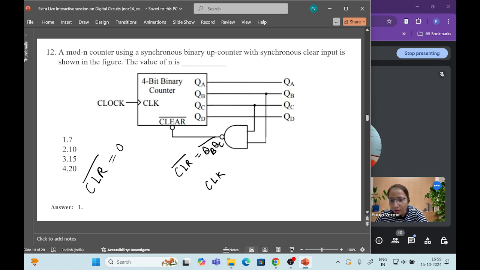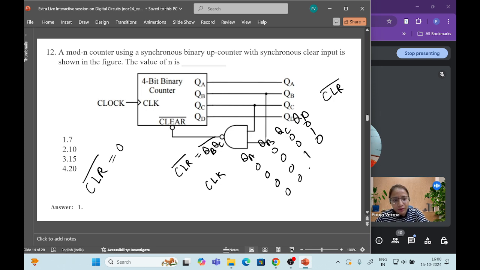Here the different outputs QA, QB, QC and QD, and here we can write the clear output, right? So 0000, 0001, 0010, 0011, 0100, 0101, 0110, 0111. I will write it later if required.